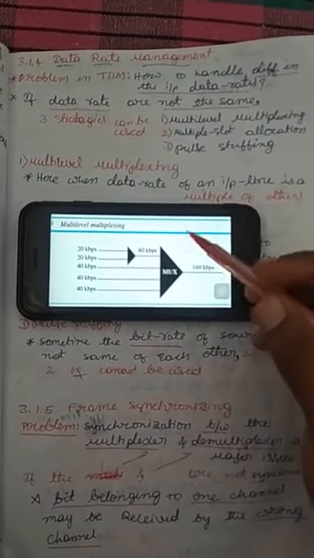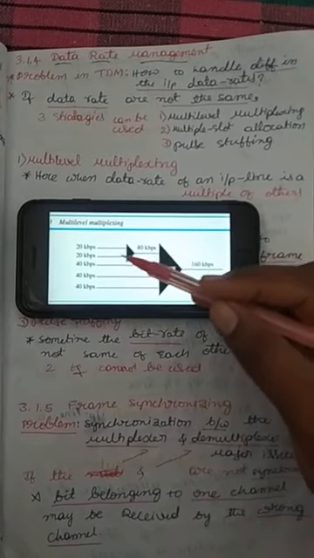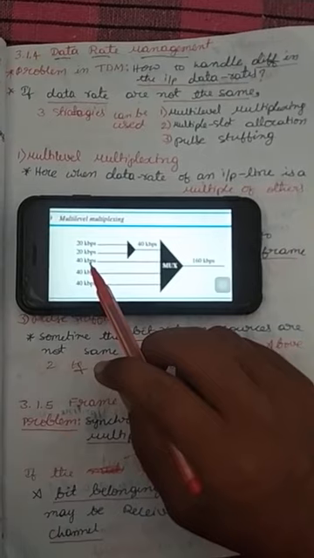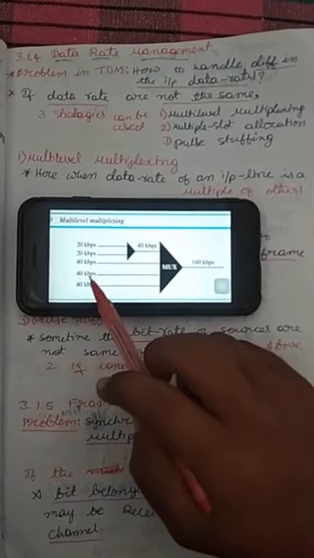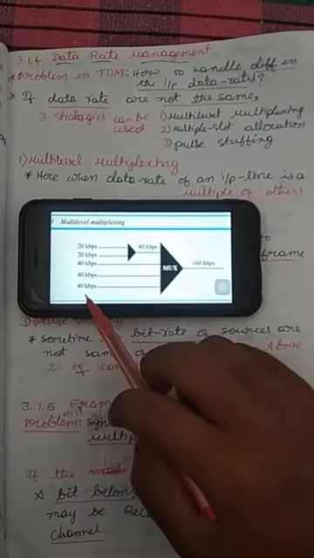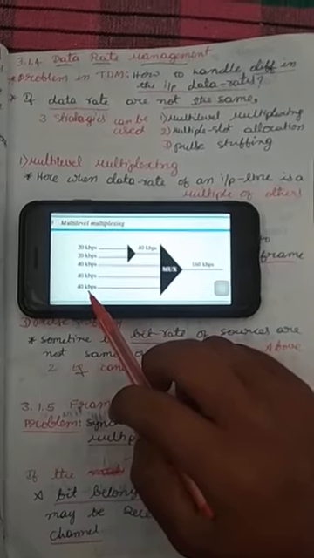Why are we using this multiple of others? Here you can see that the second line has 40 kbps, the third also has 40 kbps, and the fourth line also has 40 kbps of data rate.